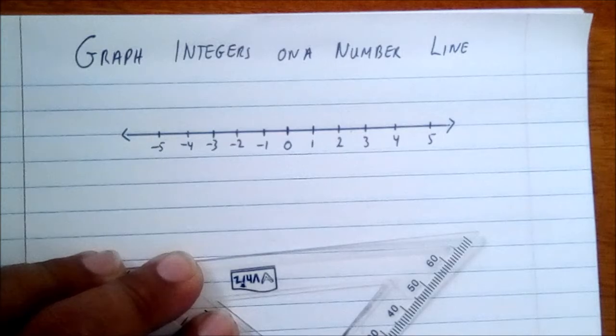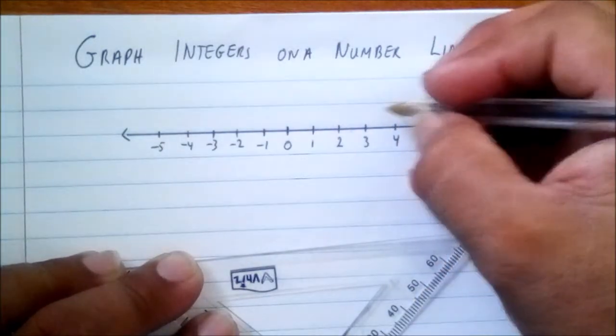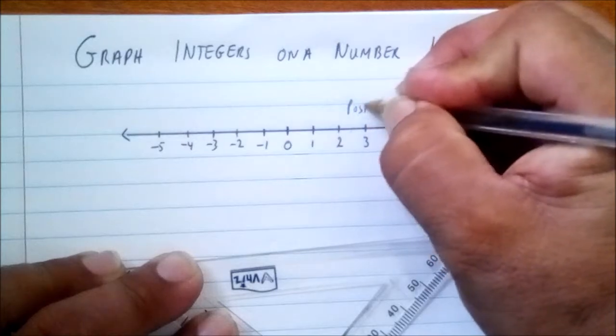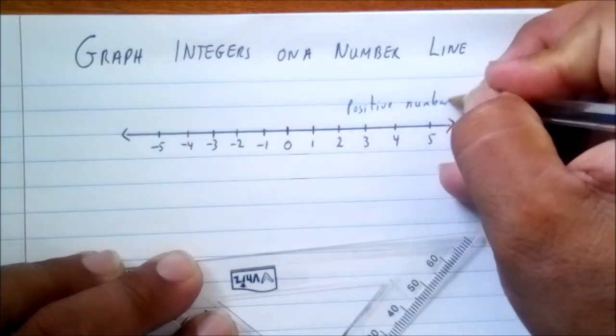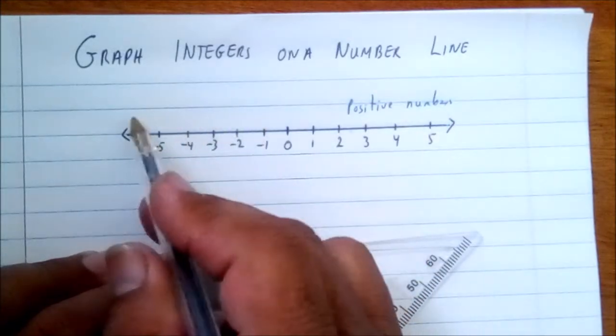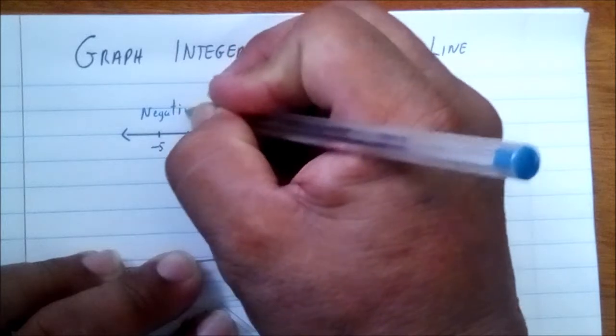Right, so let me put in some notes here. These here are positive numbers. These on the other side are negative numbers.